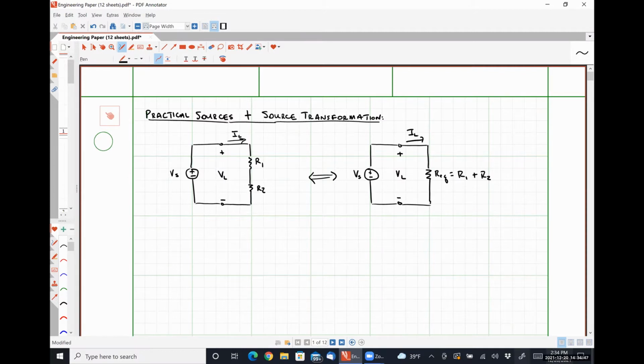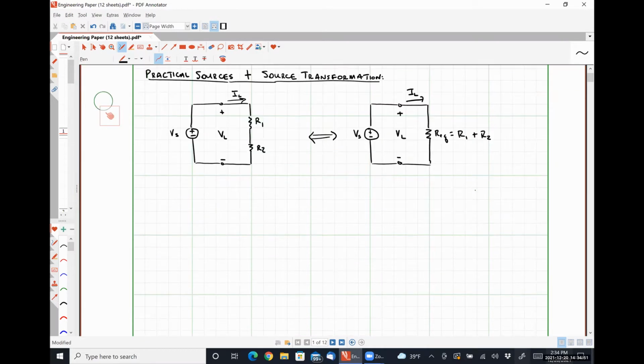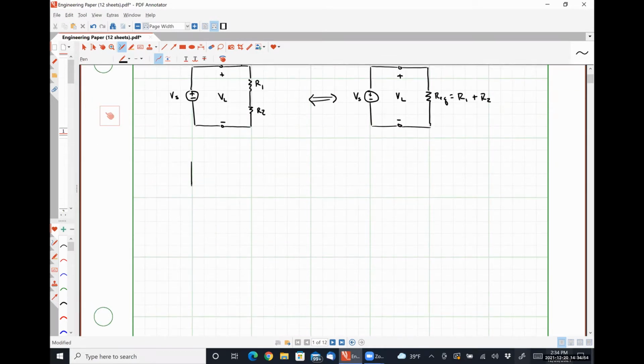So what we are going to do today is prove that this network, let's call this VS, in series with some resistor RS is electrically equivalent to this network containing a current source IS in parallel with a resistor RS, under a very specific set of conditions.